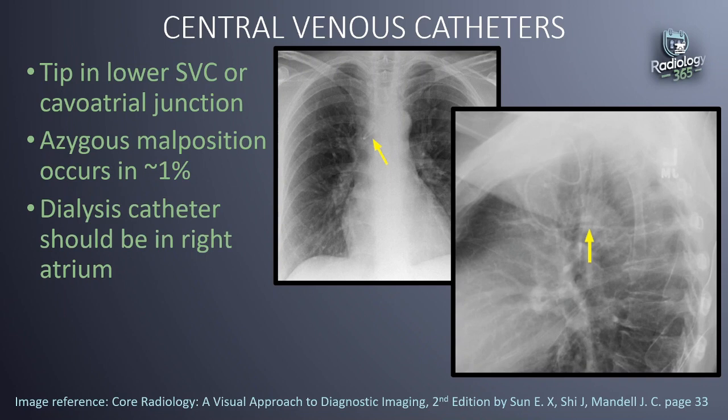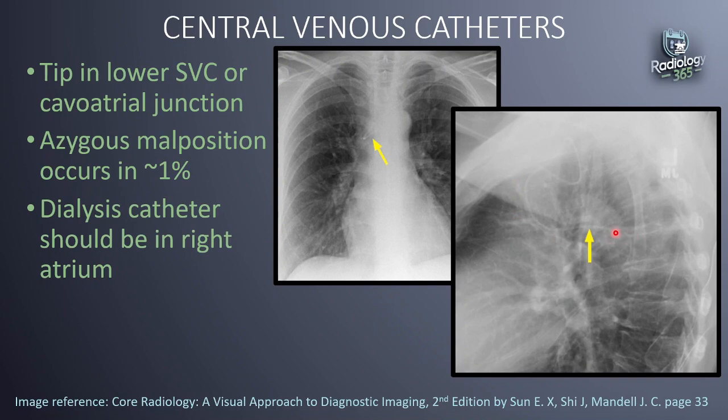So in this frontal radiograph, we see this left-sided PICC coursing medially at the confluence of the brachiocephalic vein and the superior vena cava around here. And the lateral radiograph shows its course as it curves anteriorly before heading inferiorly and then posteriorly into the azygos vein.